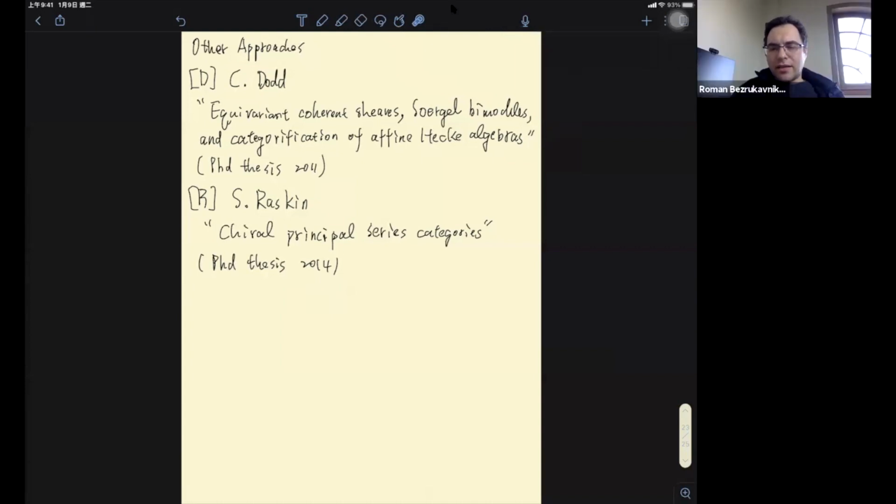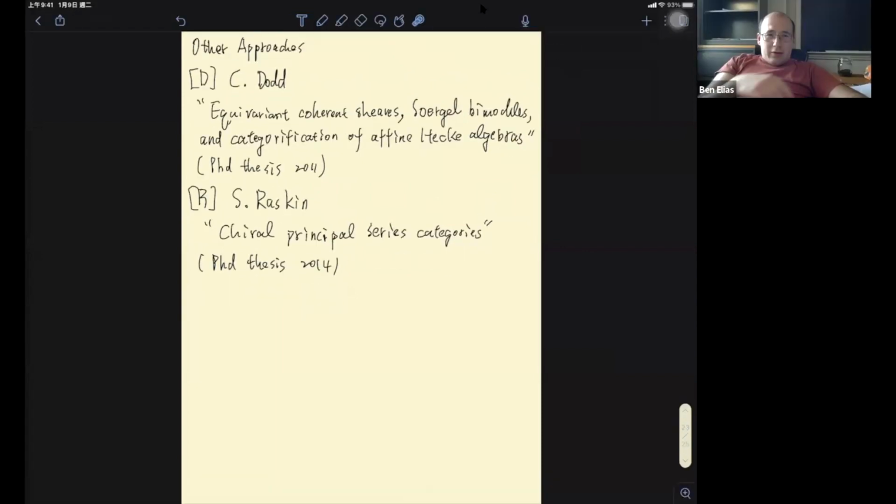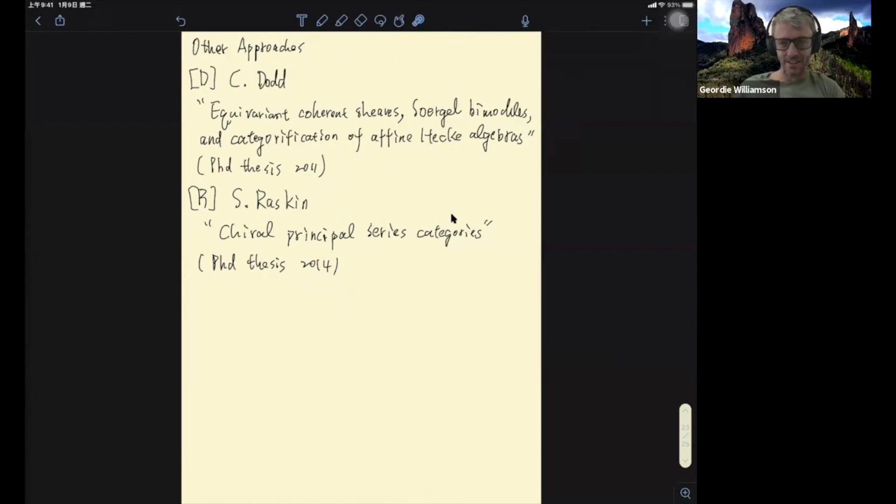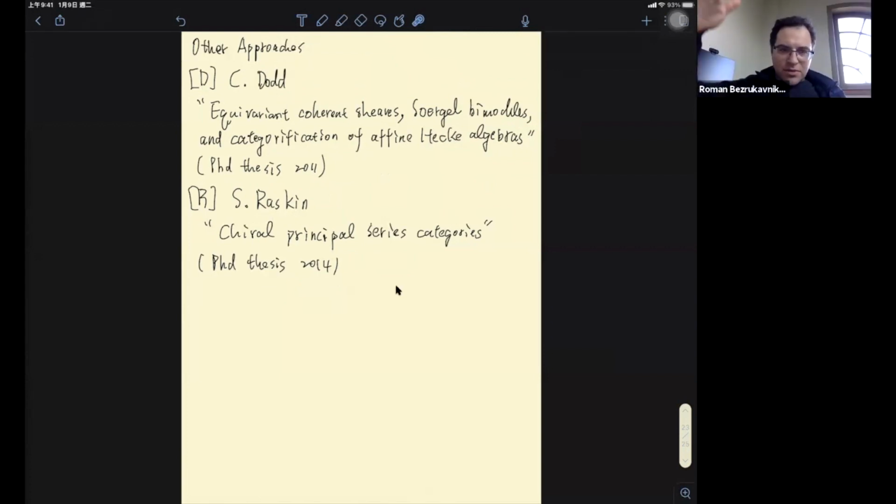So N is what for you? What is N? Springer resolution, yeah. No, it does. Springer resolution, yes, because if something maps to G mod B, then yes.